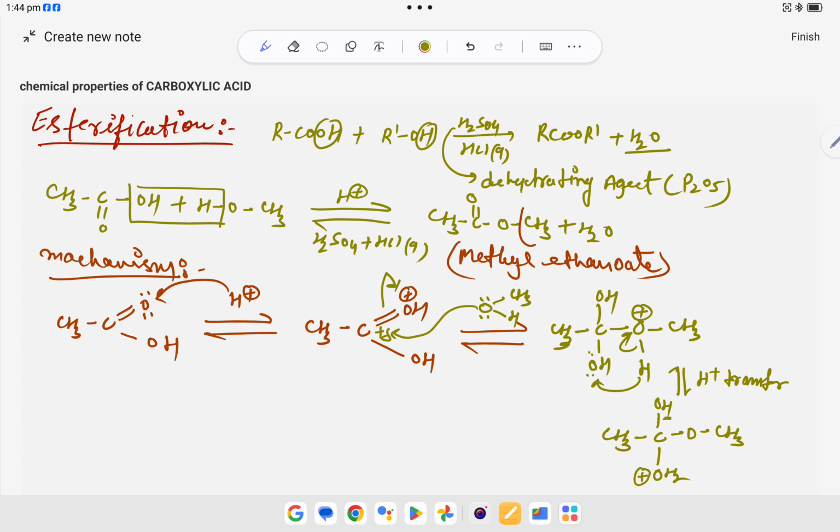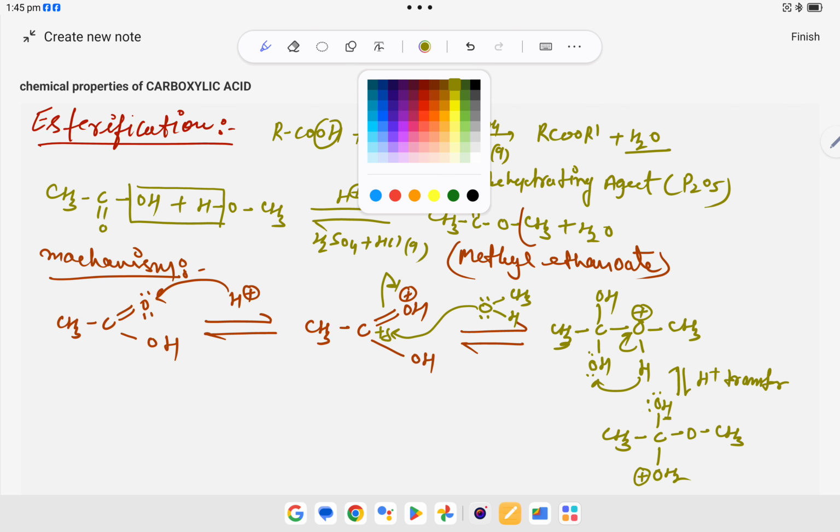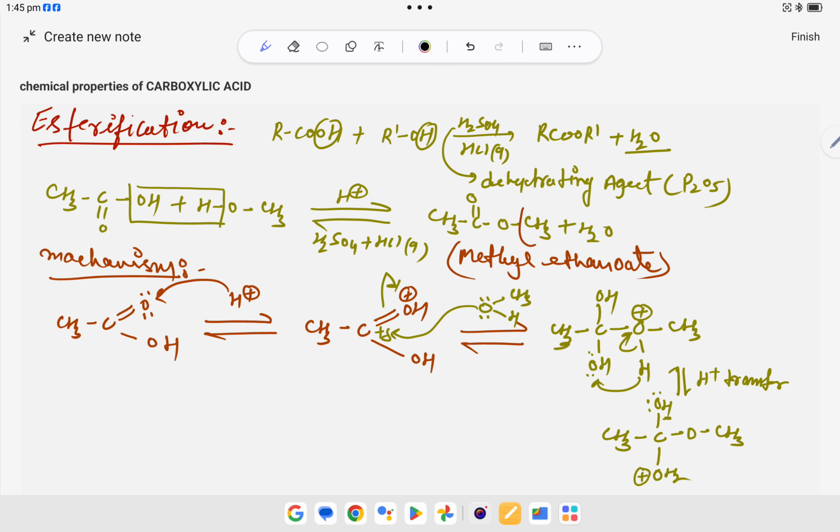How to remove? This oxygen lone pair electrons shift here, then oxygen gets a negative charge, then hydrogen will help, and these electrons shift here. The water species will leave. From here water will be removed and your product directly forms: CH3 C double bond O OCH3.